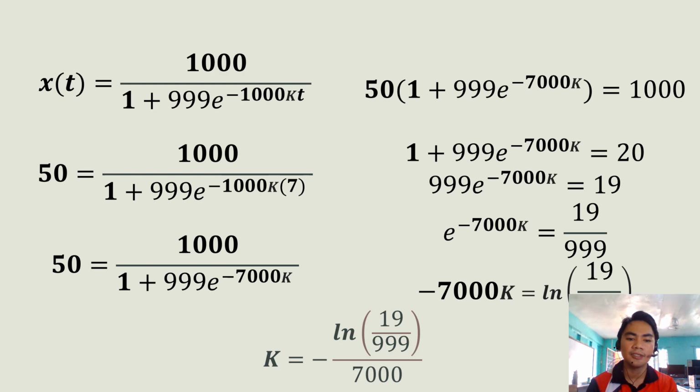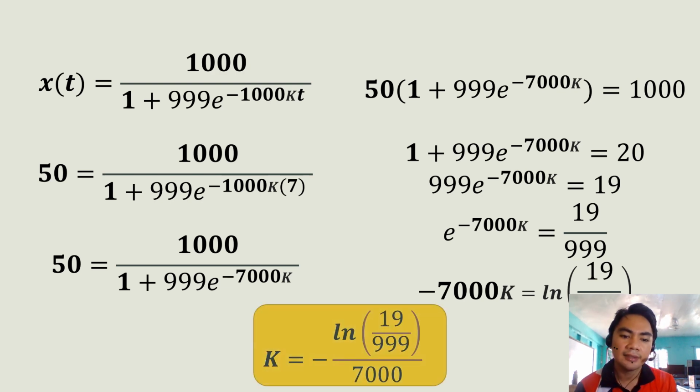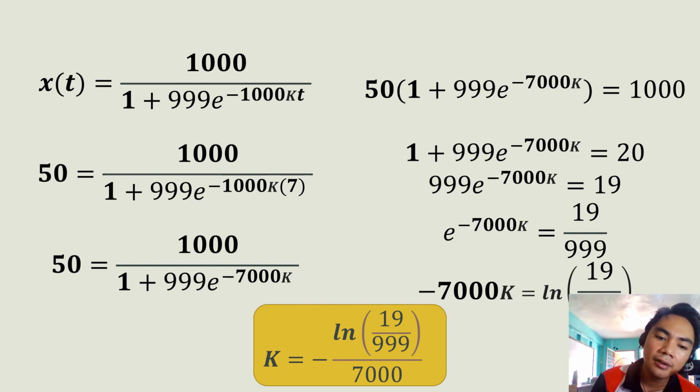So this is now the value of our k. So the value of our k is negative ln of 19 over 999, all over 7,000. That's the value of our k.